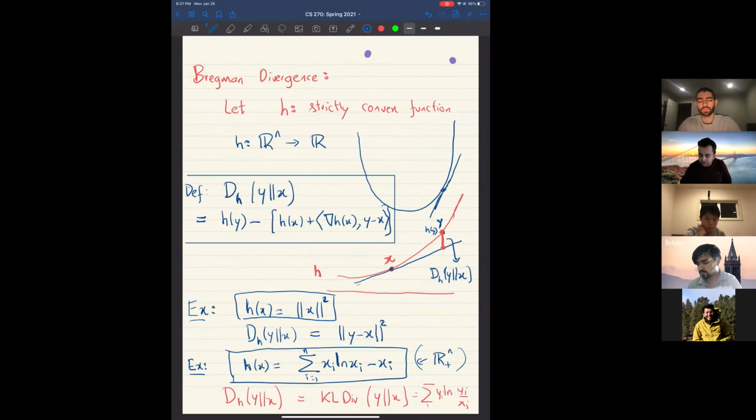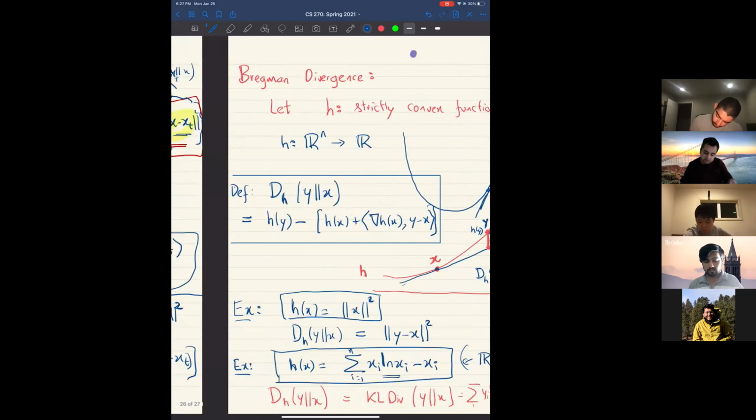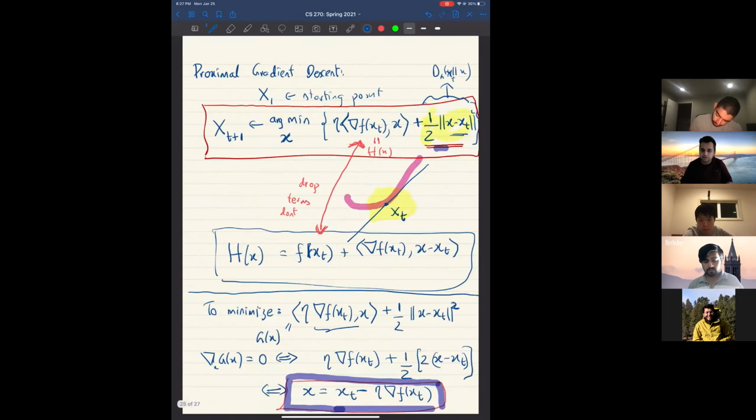The space you're working on is a space of probability distributions, and the natural geometry, actually not the L1, is the KL divergence geometry. So if you use this as your strongly convex function, you get the right algorithm, which is multiplicative weights.